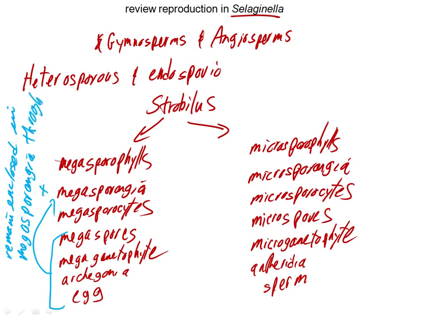They do it through fertilization. So up through the process of fertilization, they are enclosed inside the megasporangia.